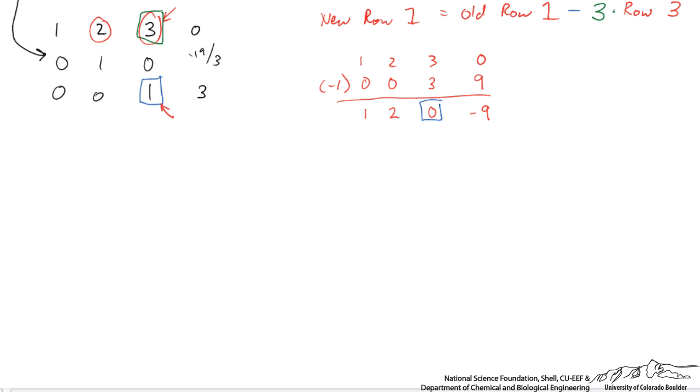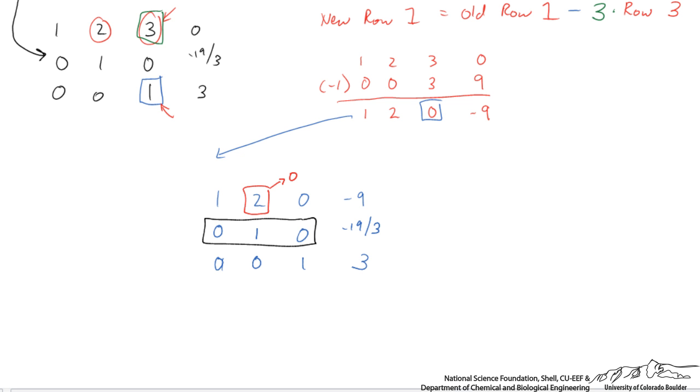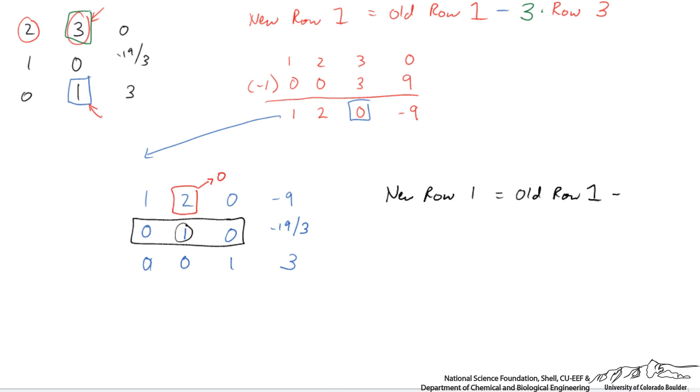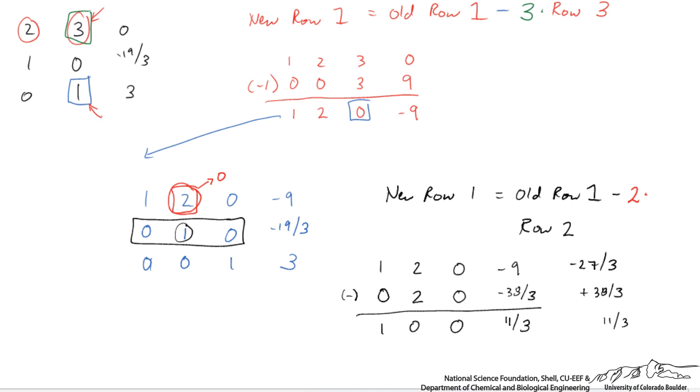The only thing we have left is to get this to a 0, so we subtract 2 times row 2 because we have a 1 there. So the new row 1 equals old row 1 minus 2 times row 2, because row 2 contains that 1. That's our new row 1.